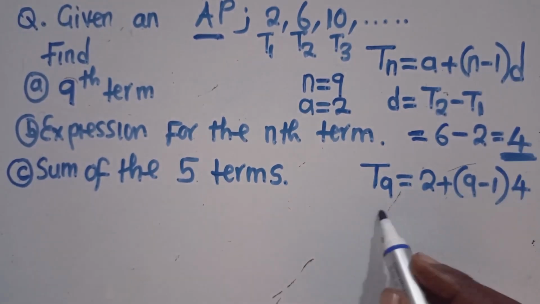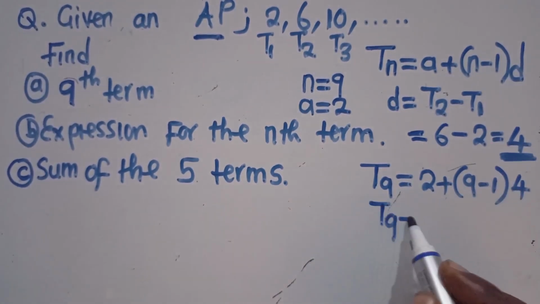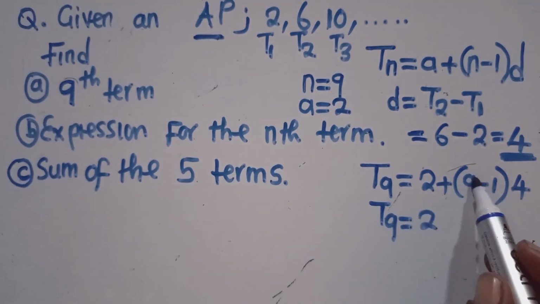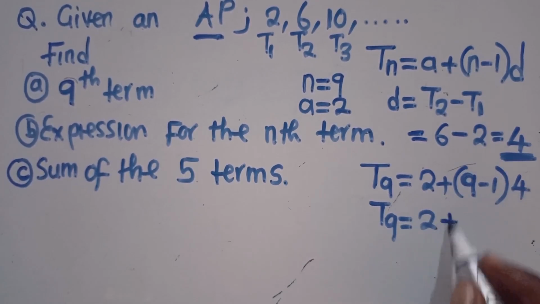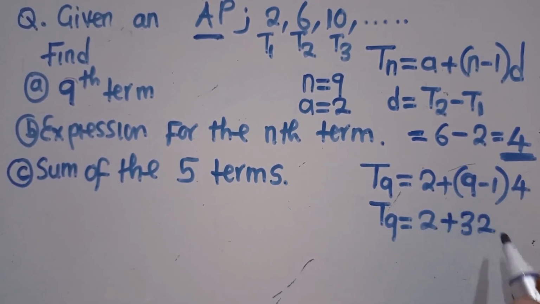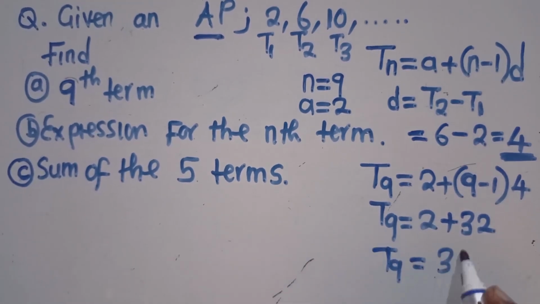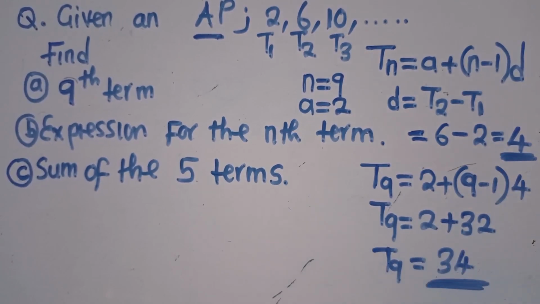After this, you say this is now equal to ninth term is equal to 2 plus... What is 9 minus 1? 8. 8 times 4, you get 32. 32 plus 2, you get 34. So meaning that this is your ninth term. Just like this, you are done. This is what you are supposed to do.